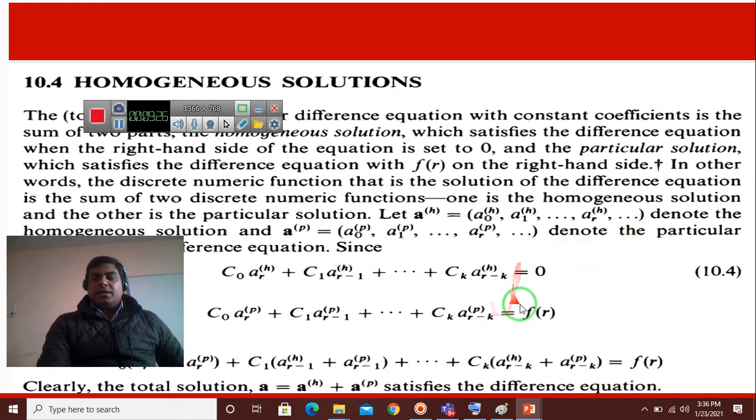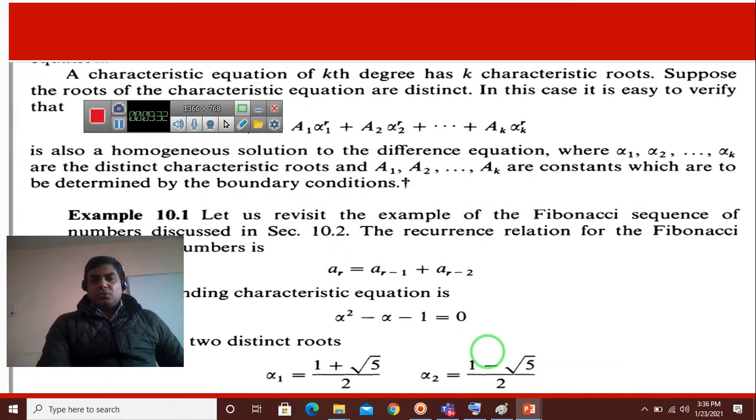Only the right hand side should be the function of r. No numeric function should be available in the right hand side. Okay, so if we have the relation a_r equal to a_(r-1) plus a_(r-2), this is wrong, because in the right hand side it should be only a function of r, but the function of r is not here, so it should be 0.